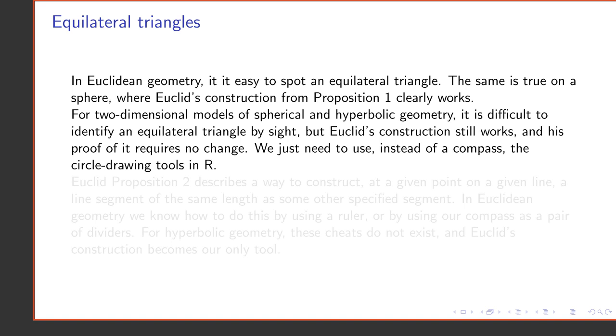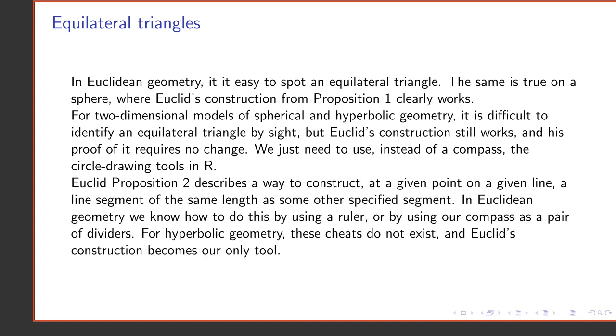However, Euclid has a construction that uses the first four postulates, and the proof of that construction is valid also in hyperbolic geometry. We just trade our compass in for the circle drawing tools that are built into R. Similarly, proposition 2 in Euclid says how I can construct at a given point a line segment that has the same length as some other specified segment.